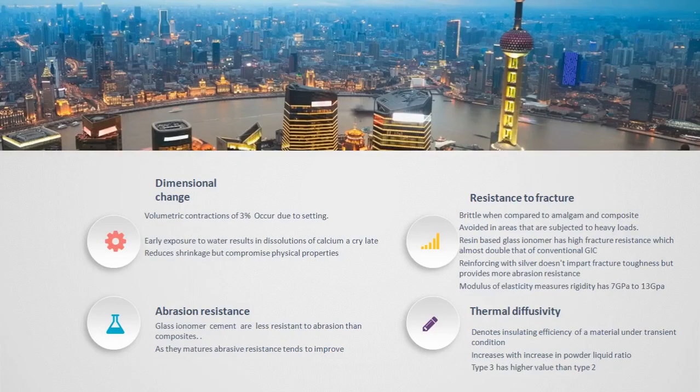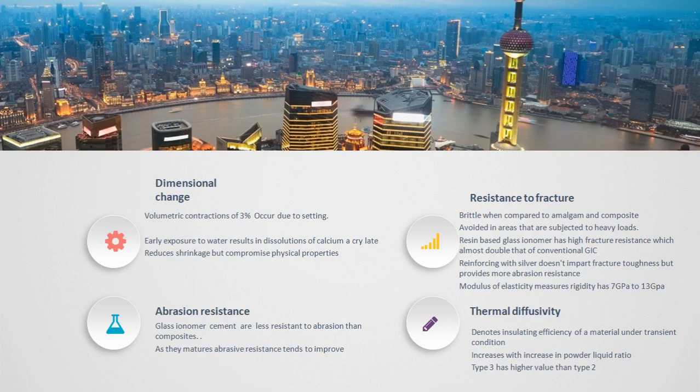Dimensional change: there will be a slight volumetric contraction of 3% during setting, but the resin modified GIC tends to expand. Abrasive resistance: it has less abrasive resistance, so it tends to abrade in the oral cavity.